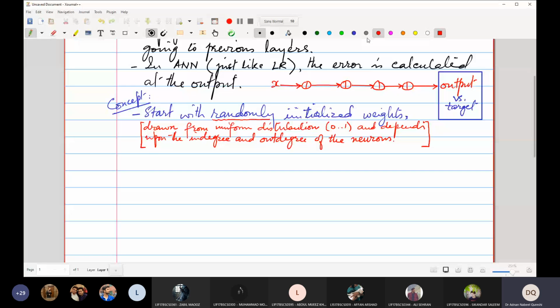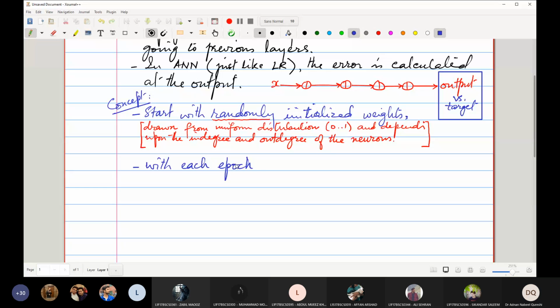So you start with randomly initialized weights, and then with each iteration, epoch कह देते हैं इसको, because some of you do not like the word iteration. One epoch may have multiple iterations.